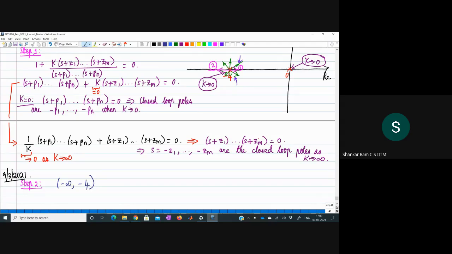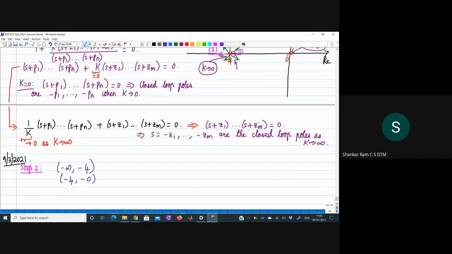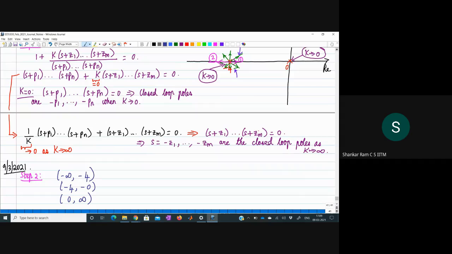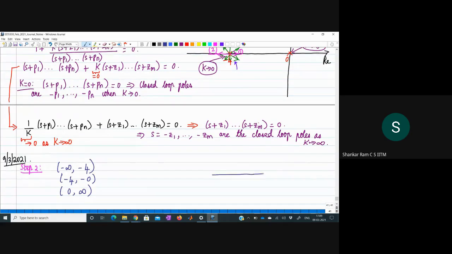We can observe that there are broadly 3 regions on the real axis: one region going from -infinity to -4, one region from -4 to 0, and one region from 0 to infinity.